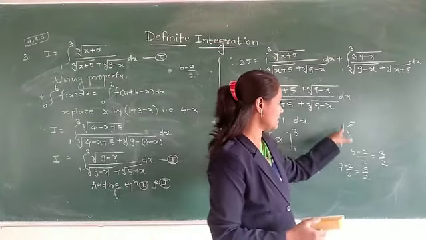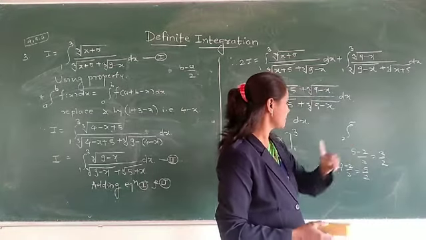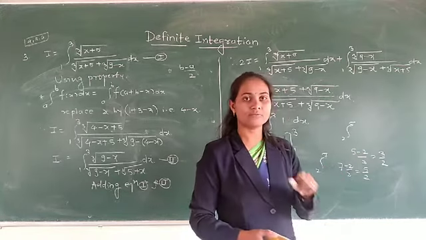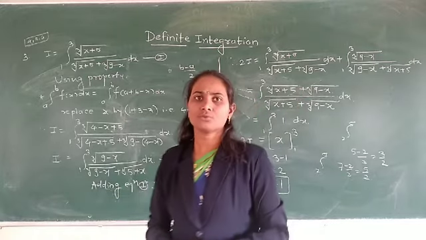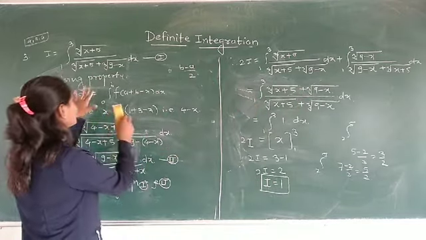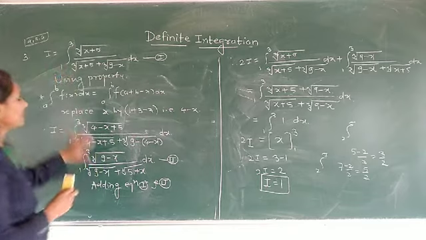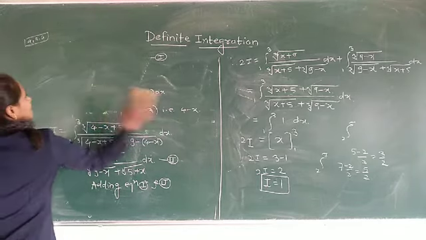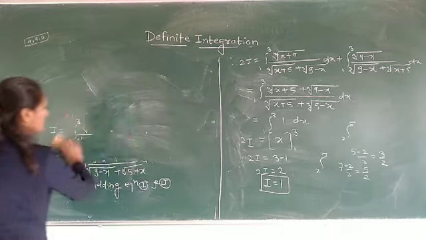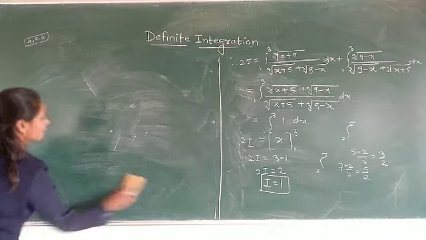So remember, the answer of question number 4 is 3 by 2, question number 5 is 1 half, and question number 6 is 5 by 2. You should try to solve the remaining questions 4, 5 and 6 the same way as question number 3.